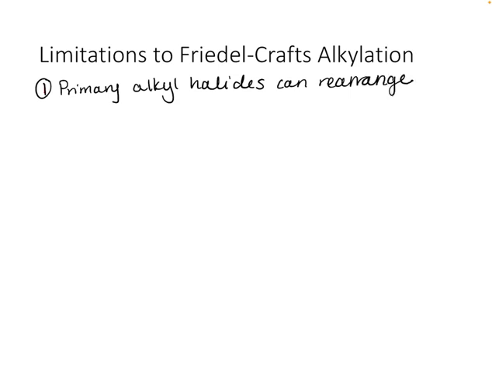Now, if you have a methyl carbocation or an ethyl carbocation, those are exceptions. You can't rearrange them to get a more stable carbocation. So we'll just write plus CH3 and plus CH2CH3 are exceptions.